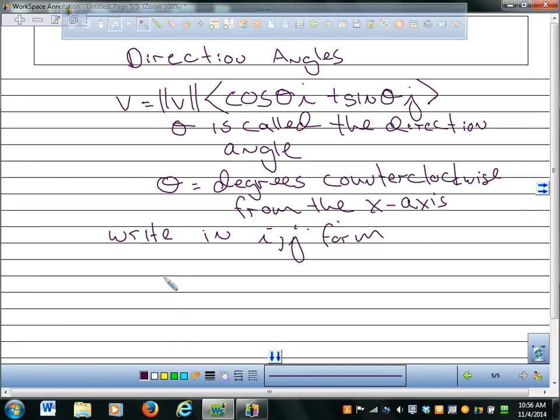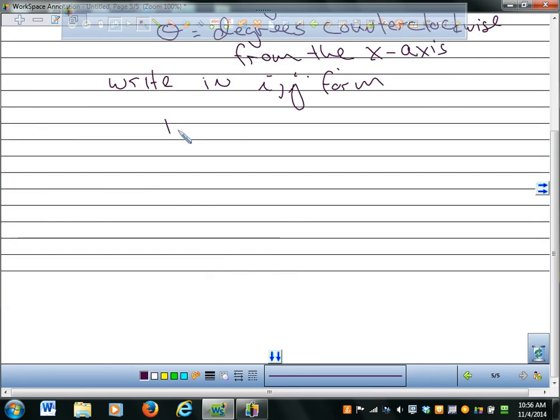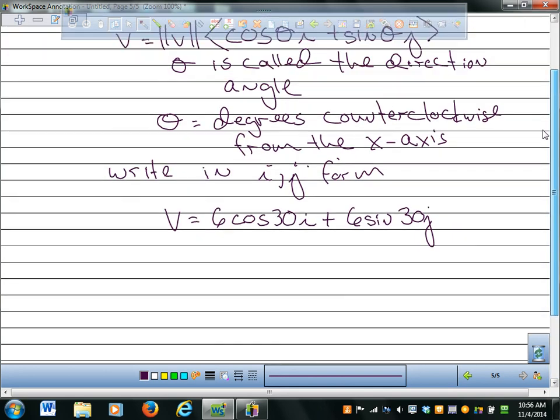Because I don't like big words. So V equals 6 cosine 30 i plus 6 sine 30 j. Okay? Did I do that right?